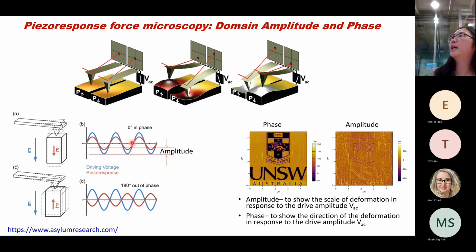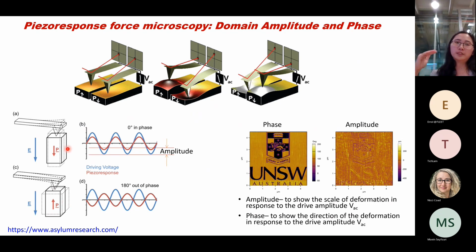When we apply an AC bias, the atoms in this material vibrate at the same frequency as the AC bias, which gives the material a deformation, because the ferroelectric is also a piezoelectric material. So it has a deformation in response to the external electric field.